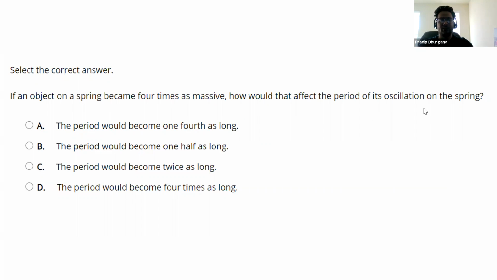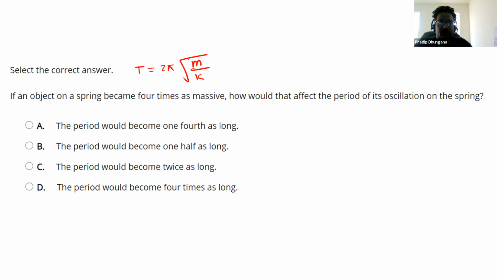This first question is for this lesson. If an object on a spring becomes 4 times as massive, how would that affect the period of its oscillation on the spring? And then I'll write the formula to calculate the period of oscillation, that is T is equal to 2 pi square root m over k.